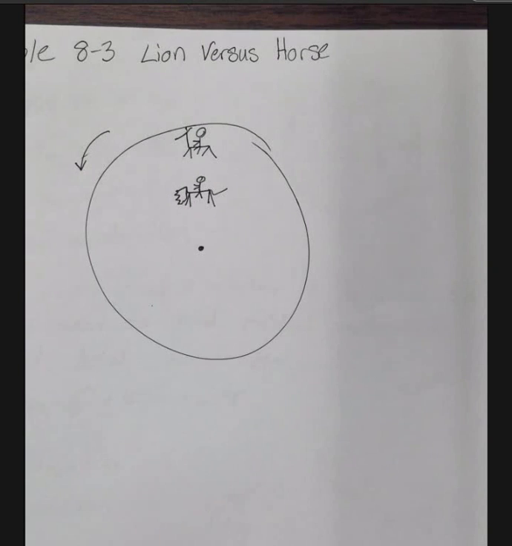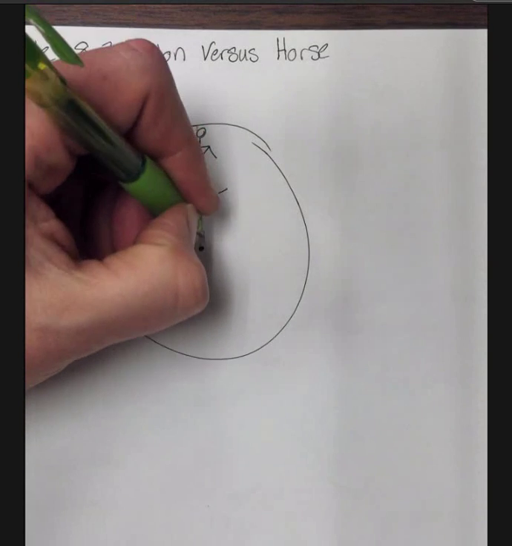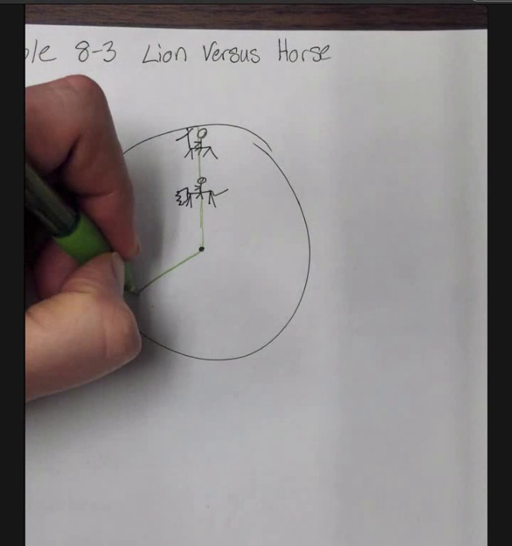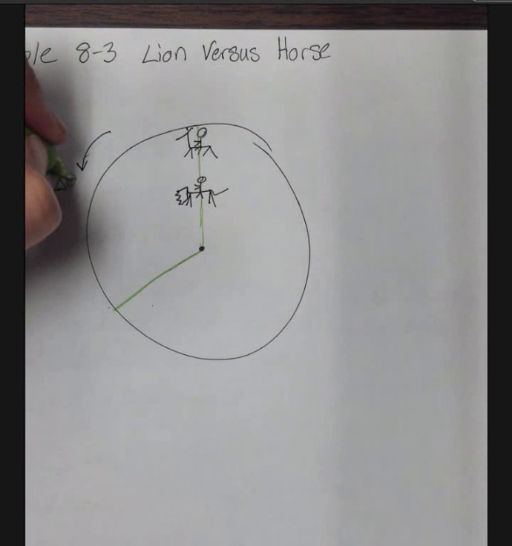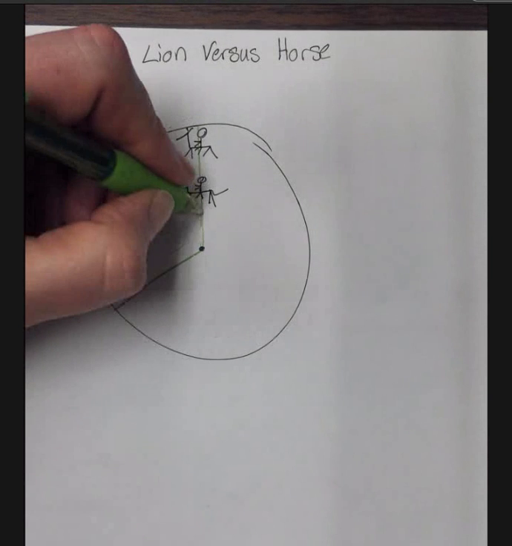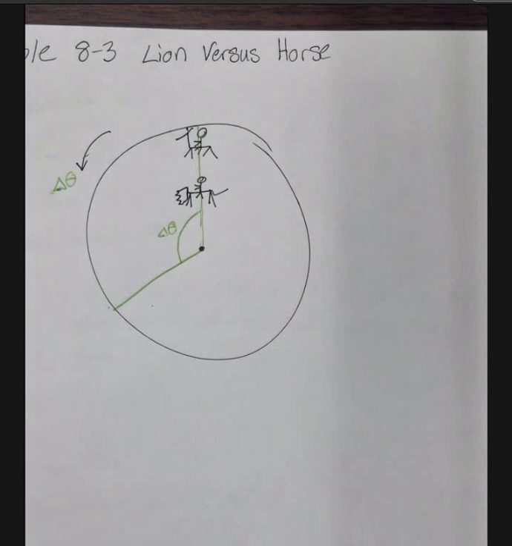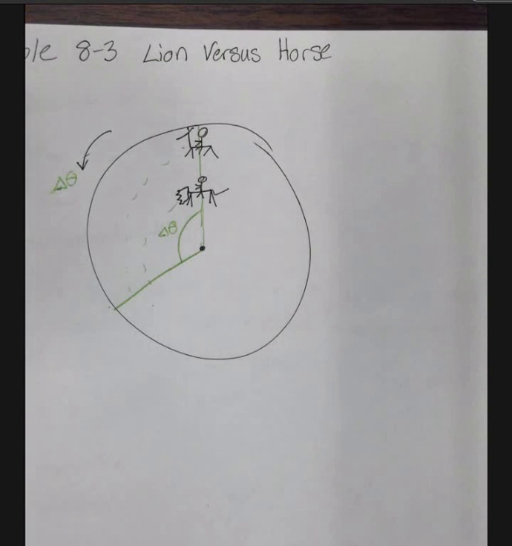So let's consider. We'll say that this is our starting position. If they rotate around the same amount and have this be their final position, then this is their delta theta. So their delta theta is the same, whether it's this child or this child, and they do that in the exact same amount of time.